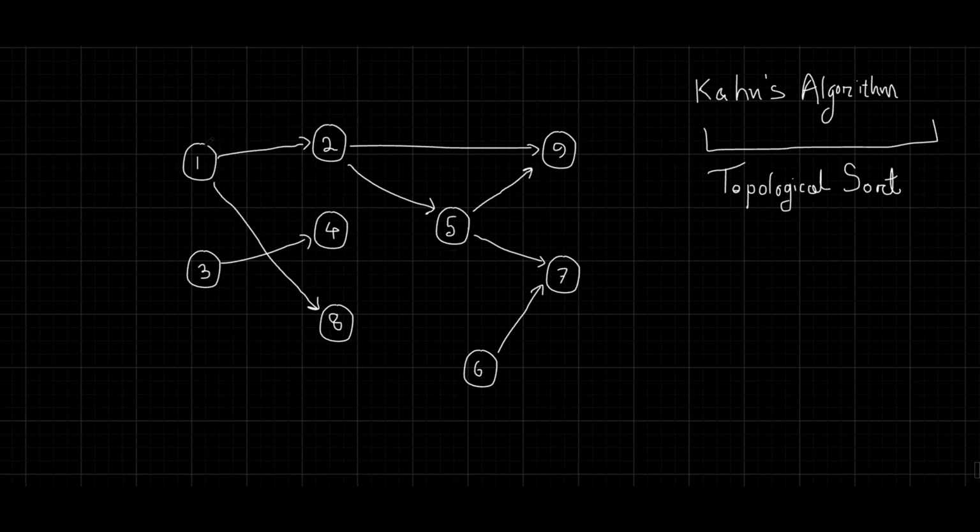Now the question is, how can we solve this problem? We can easily solve this problem by using the topological sort Kahn's algorithm. So before jumping into Kahn's algorithm, let's see why we use the topological sort intuition. The first intuition that comes to our mind is that here we are given some dependent tasks.